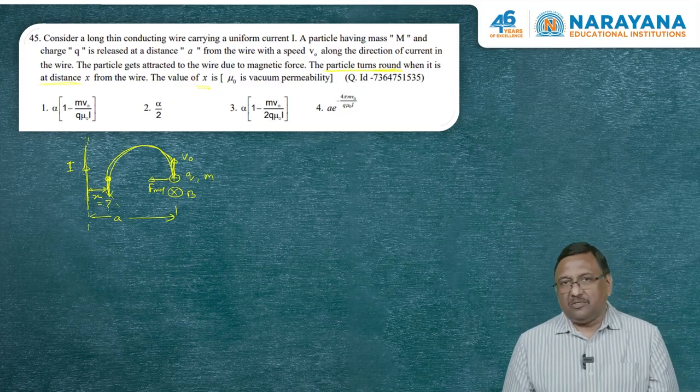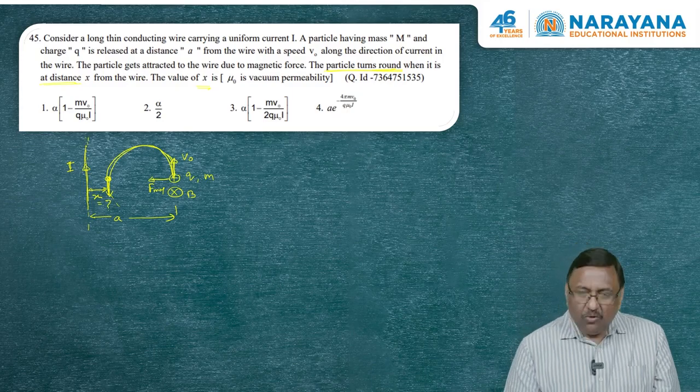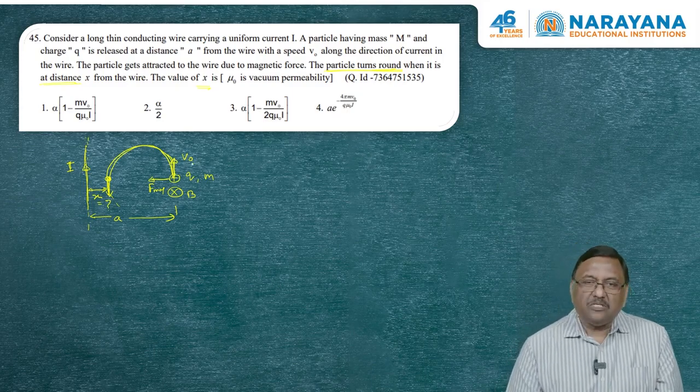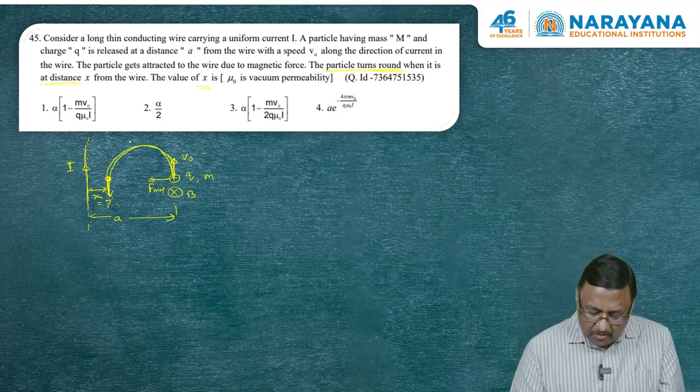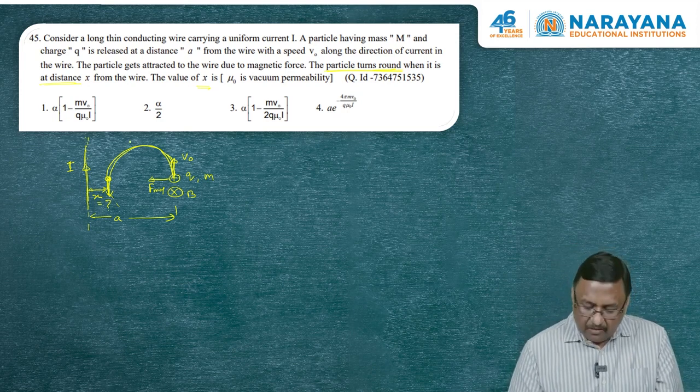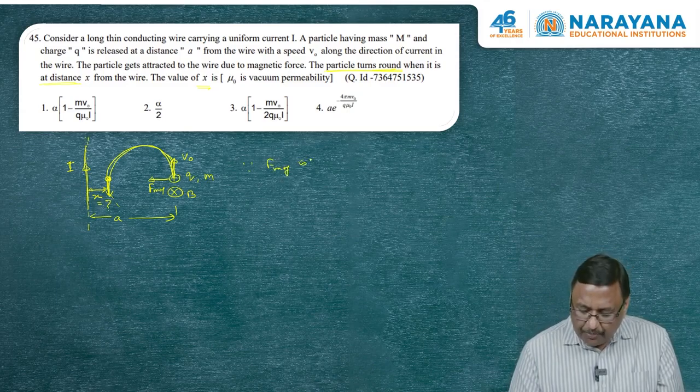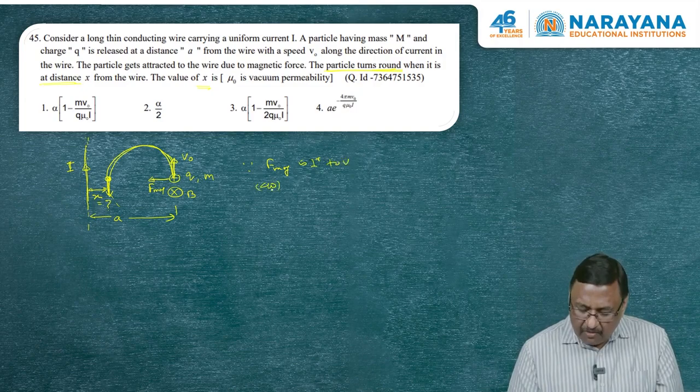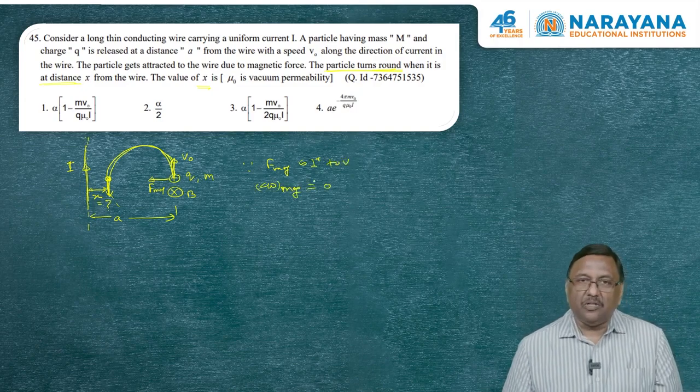Now the interesting part: as magnetic force is always perpendicular to the velocity, the work done by the magnetic force will definitely be zero, no issue in that.